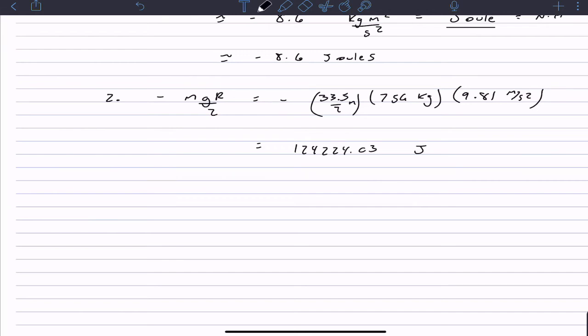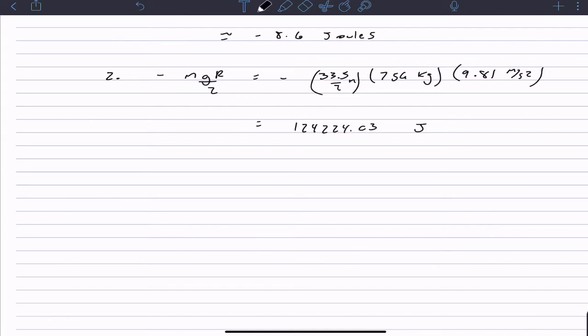This is going to be in joules again. Let's use J, or we can say 1.24224. Depending on how you are asked to do your significant figures, you can round it somehow. I'm just going to include all of it. So we have 1.24224 times 10 to the 5 joules.